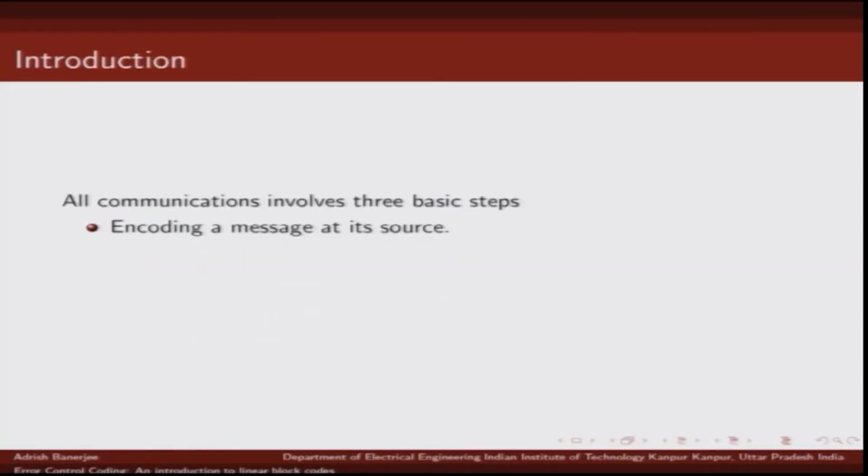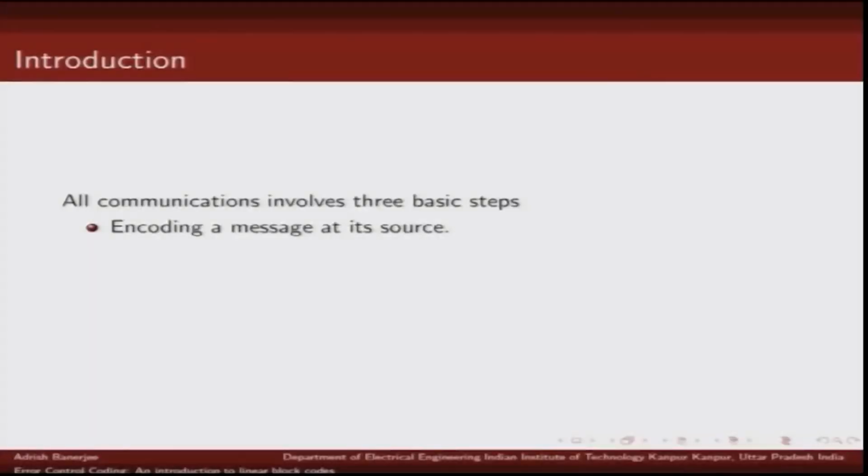So when we talk about communications, communications basically involves three basic steps. The first is encoding a message. You have a message source that you want to represent efficiently. Now you can, for example, consider a speech signal. If you want to transmit a speech signal, you first have to convert your analog signal to digital signal, and then you need to get rid of useless redundancies.